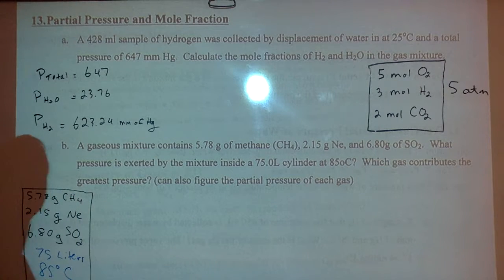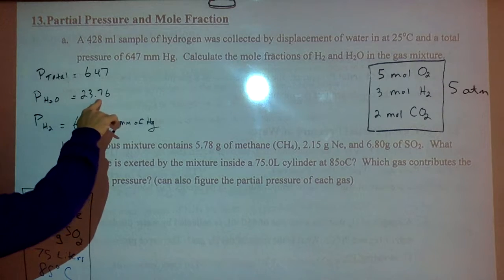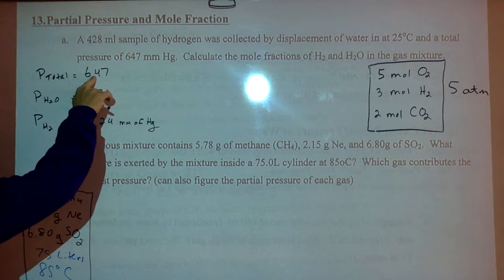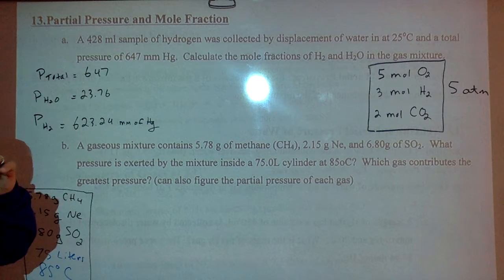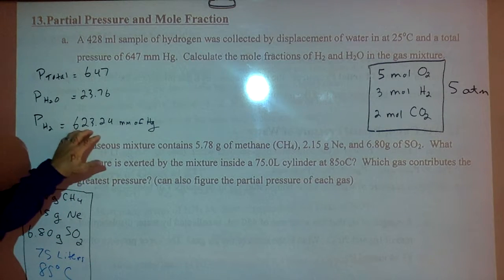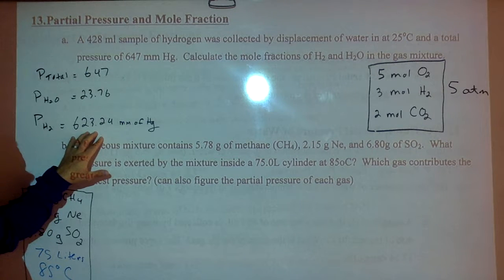So remember, our total pressure is the water pressure plus hydrogen. So I just subtracted 647 minus that and got hydrogen. Obviously, the pressure for this is a lot more, so it must have a much higher number of moles and a much higher mole fraction.